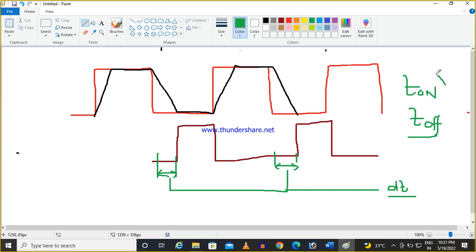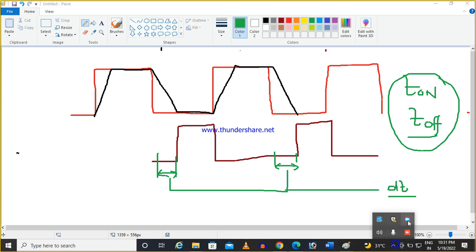How to generate the dead time by seeing the data sheet, we will learn in the next class. I'll tell you what parameters are to be considered for PWM to generate the exact dead time.